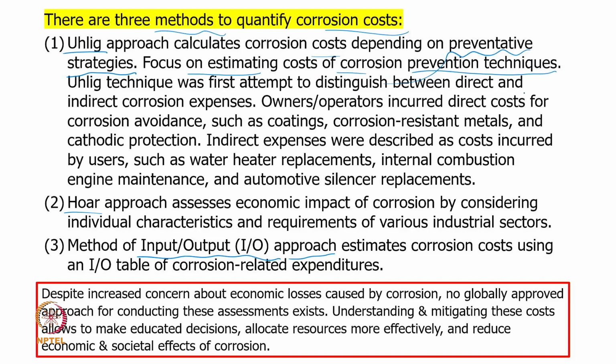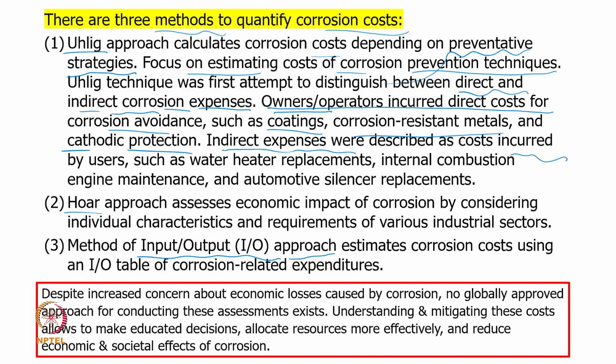They do try to distinguish between direct and indirect costs, or the corrosion expenditures. And then they mention very clearly that owners and operators incur direct costs for corrosion avoidance, maybe when they are thinking about coatings, corrosion resistant materials, or some sort of cathodic protection.